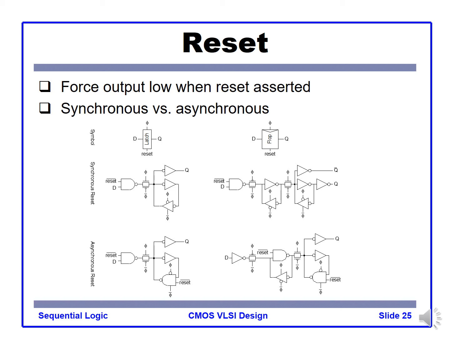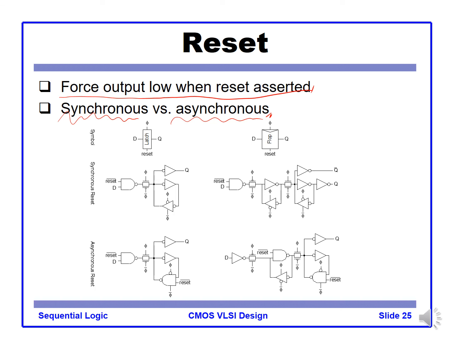For the reset signal, you want to disable the output and also the internal latch. You want to force the output when reset is asserted. There are two ways to implement it: synchronous reset and asynchronous reset. This concept is very important. For synchronous reset, the actual reset happens when the clock edge passes.